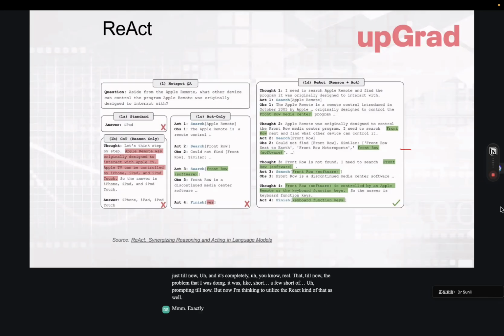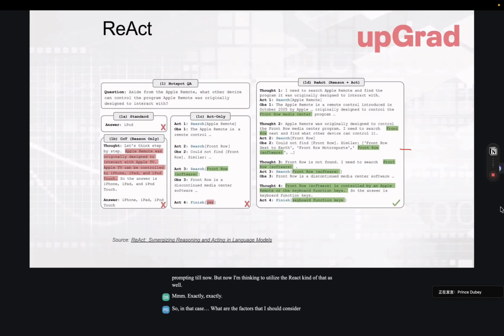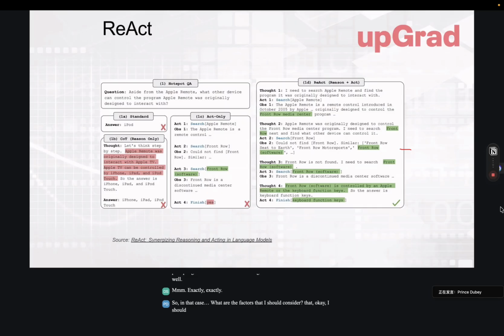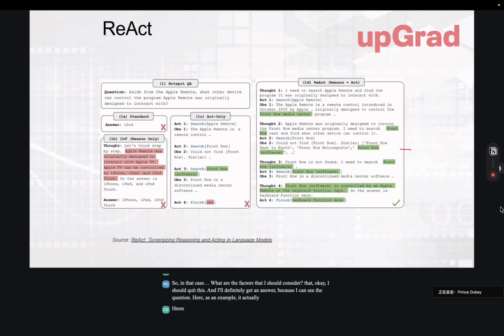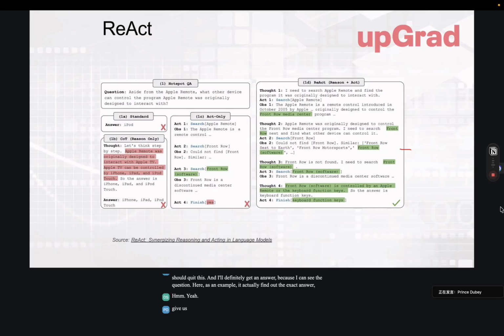So what factors should I consider so that I can go with this and definitely get an answer? Because I can see in the question here as an example, it actually finds the exact answer. It gave us support from an external environment and turned its attention to further information as well.